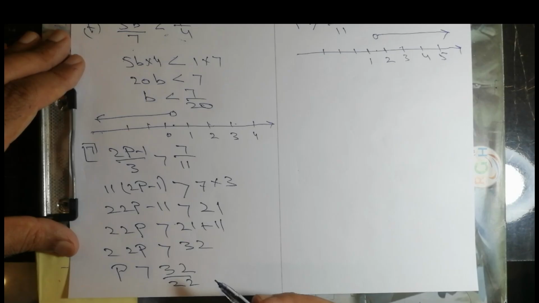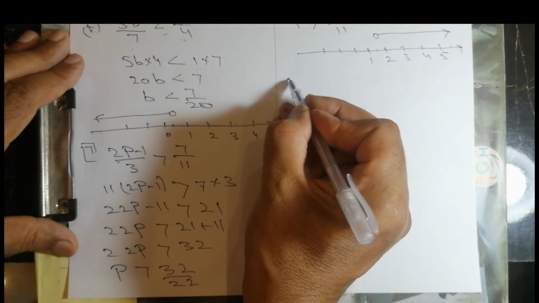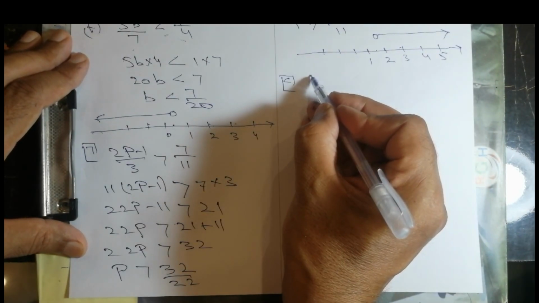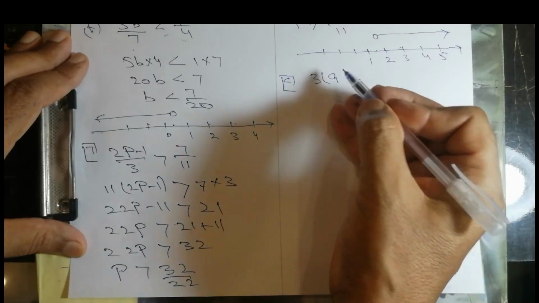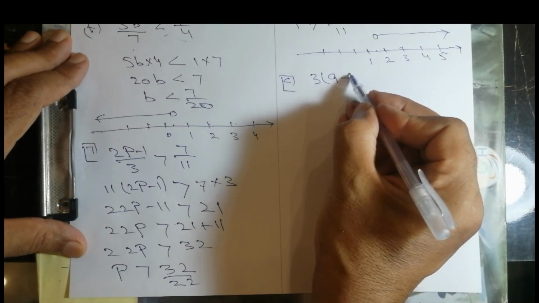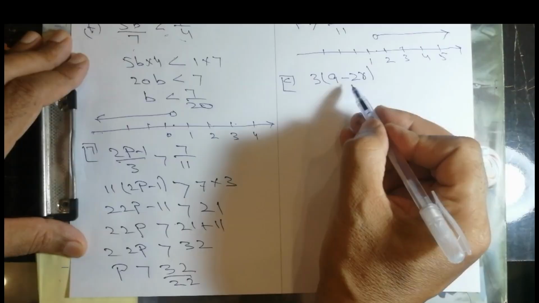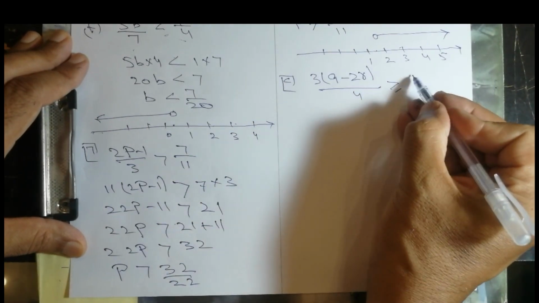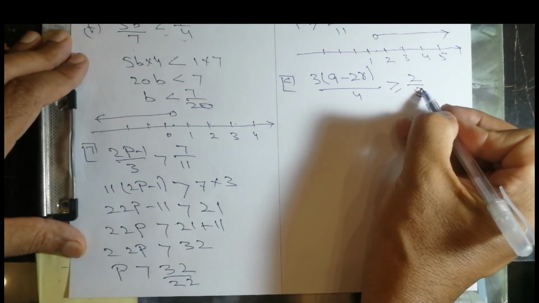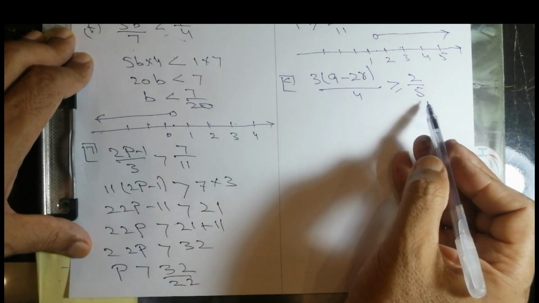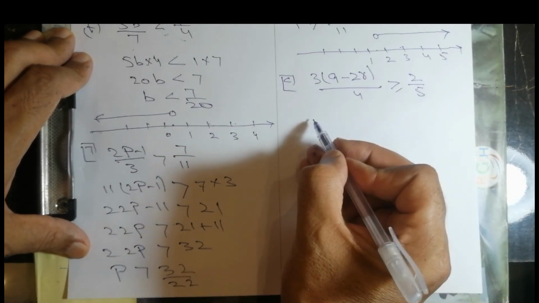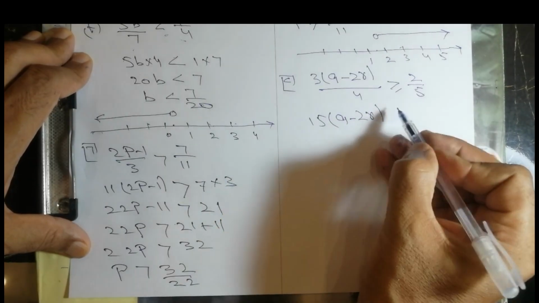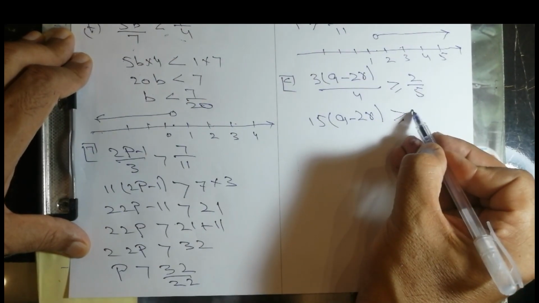Next part, C. That is (9 minus 2r) over 4, greater than or equal to 2 by 5. So again, cross multiply: 5 into 3 is 15, so 15 into (9 minus 2r) is greater than or equal to 2 into 4, which is 8.